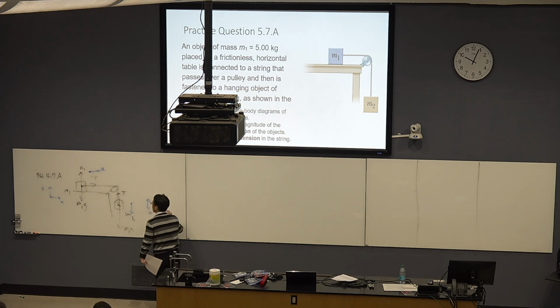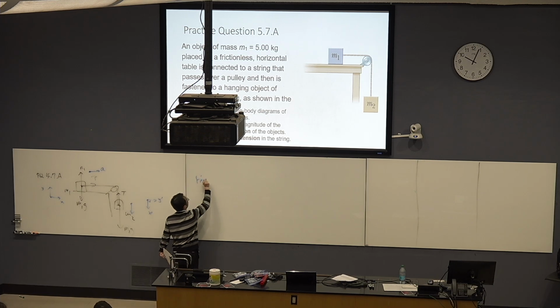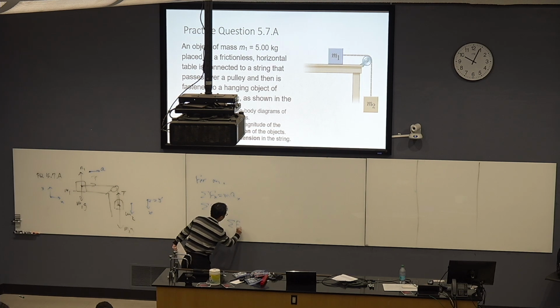Therefore, for M1 we have the equations: sum over Fx equals mass times acceleration, and sum over Fy equals 0. But for M2, we only have one equation, which is the sum over Fx equals m times the acceleration. This m was m1, and this was m2, right?